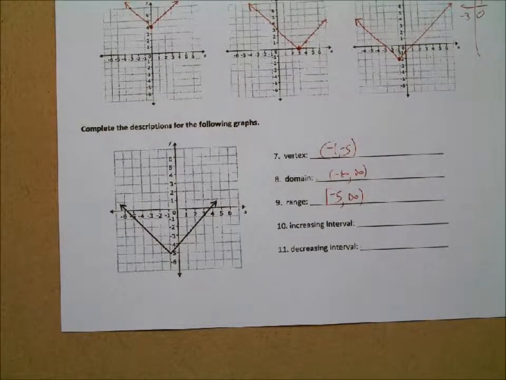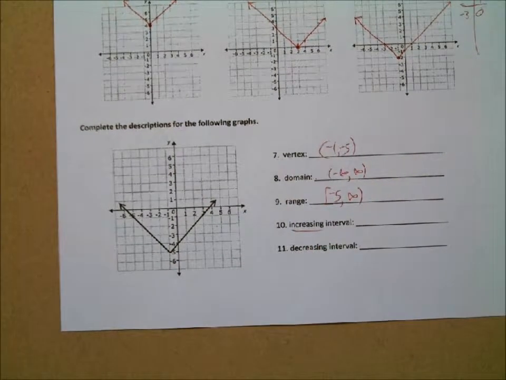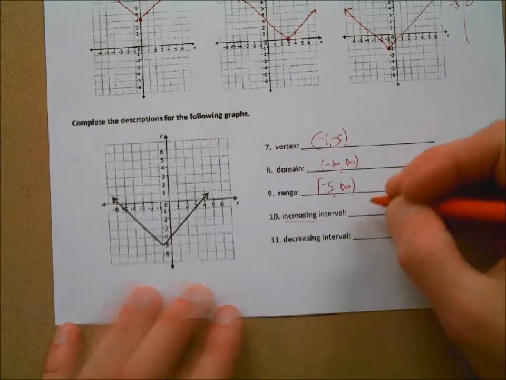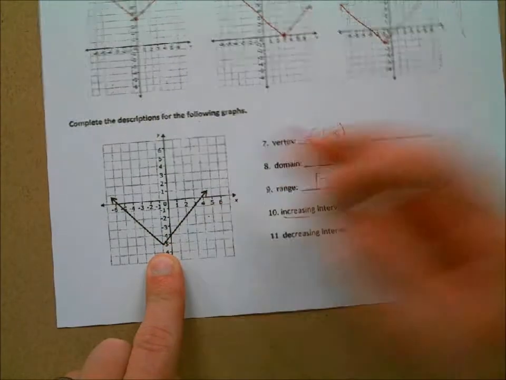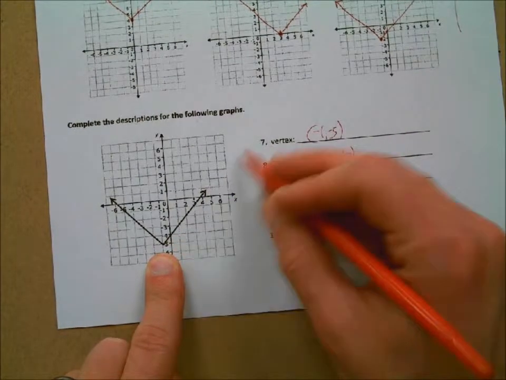All right, now here's an interesting question. Increasing interval. Where does this graph start to increase? At what x value? Negative 1 at the vertex, right? And then it goes up beyond that. So we'll say from negative 1 to, where does it stop increasing? Infinity, right? It keeps going.